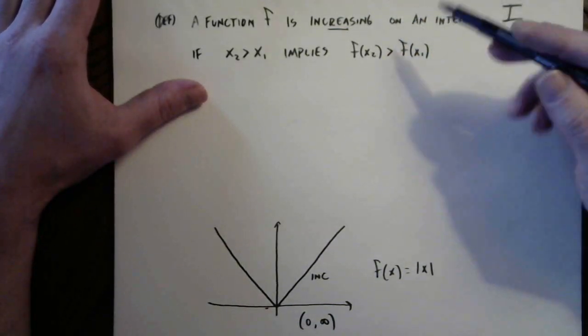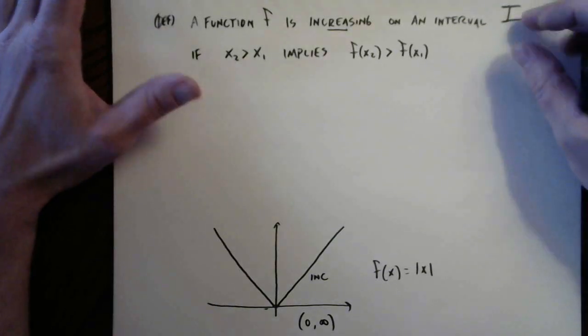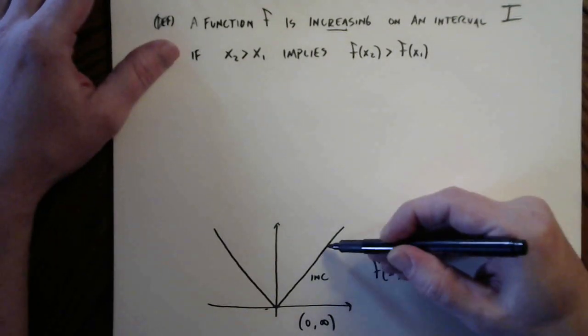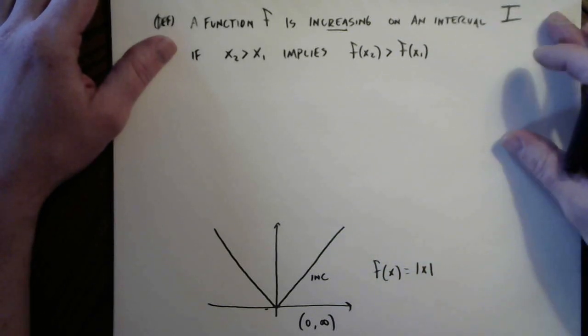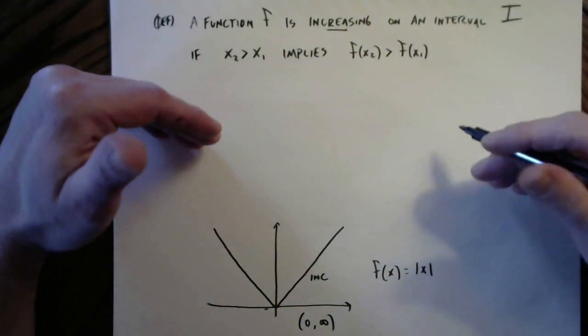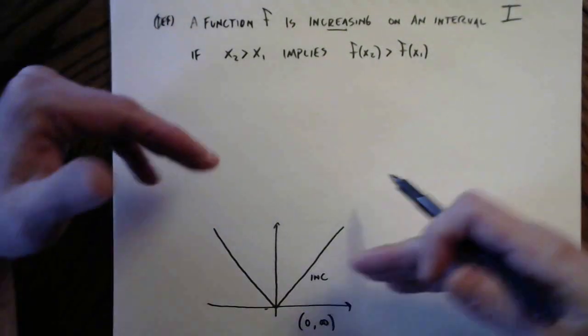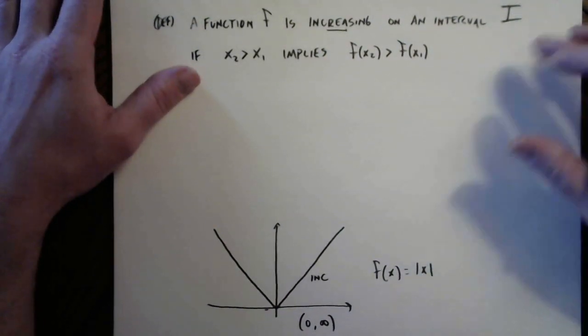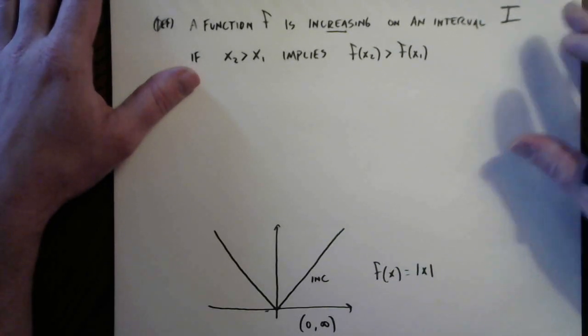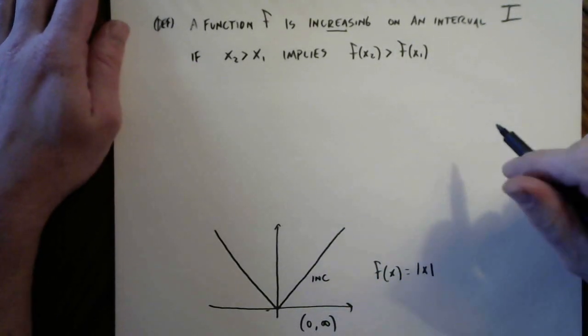This is interval behavior. It's kind of sloppy to say it's increasing, say, at that point. That's sloppy. Instead we talk about the function increasing on an interval. This function is increasing from 0 to infinity, and this will come into play. Chapter 3, we're going to do a lot of this.